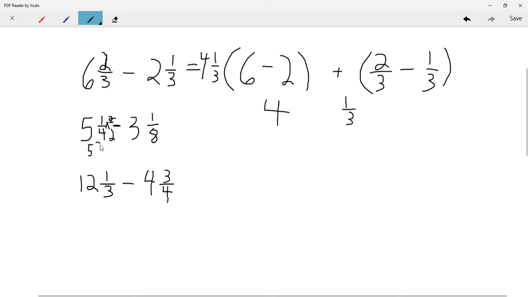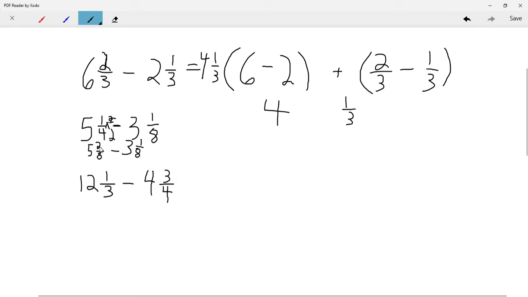So this becomes 5 2/8 minus 3 1/8. So really you do want to start with the fractions first. I know I put whole numbers first in this one, but really you do want to start with the fractions first if you're subtracting, because you might need to borrow, which I will show you in the next one.